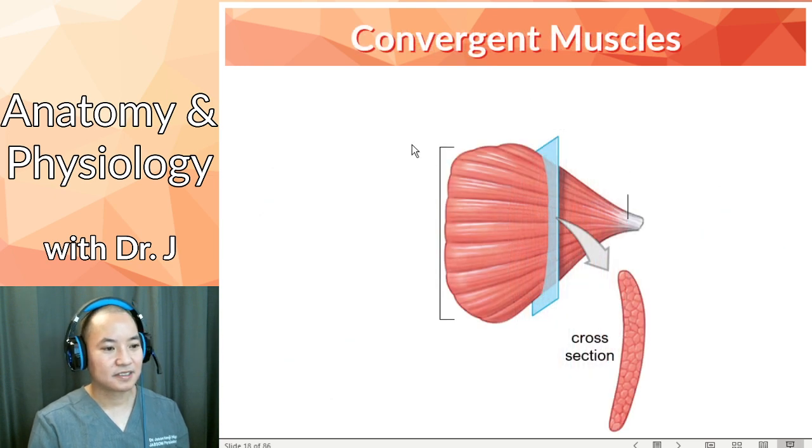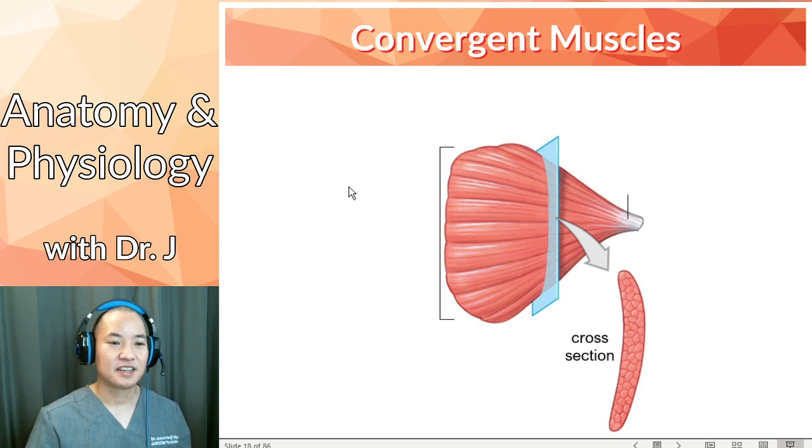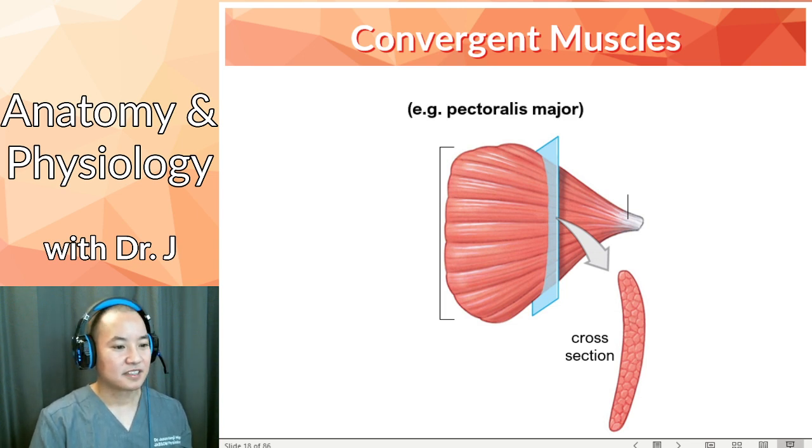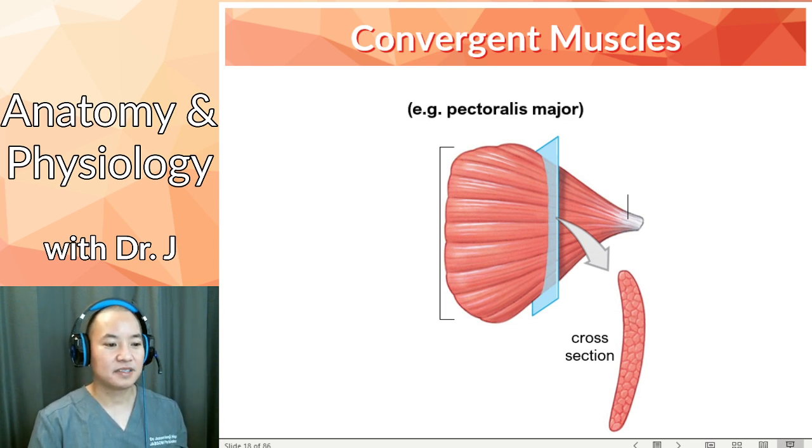But okay, so then here we have the convergent muscles. When something converges, you have multiple things and they end up converging on one point. They come from different directions and come together at one point. So con means together in this case. So things like the pectoralis major, and what you notice is that the pectoralis major has a really broad base and origin.